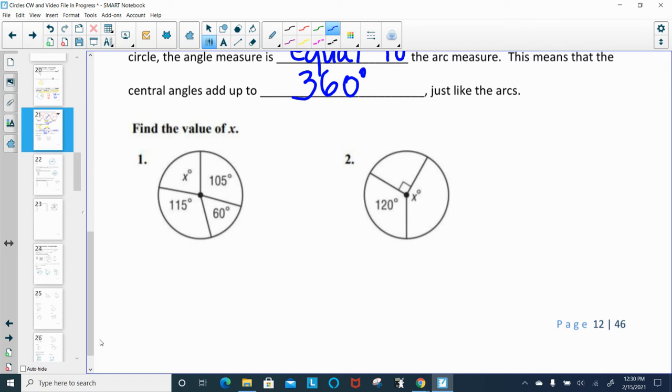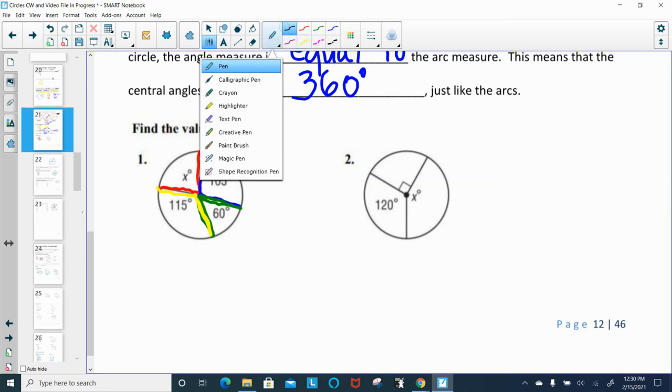If you look here, you can see that I have one angle that is X, another central angle that is 105, another central angle that is 60, and another central angle that is 115. And they make up the whole circle.